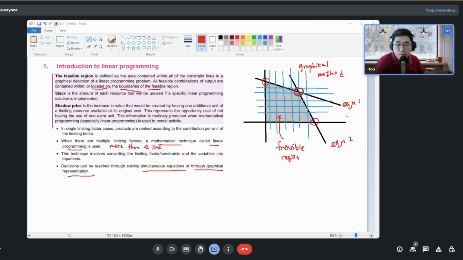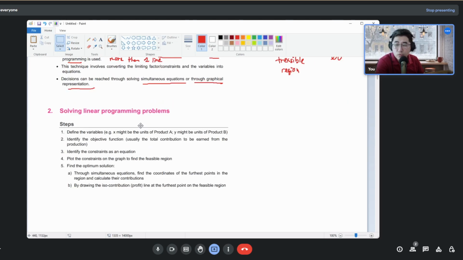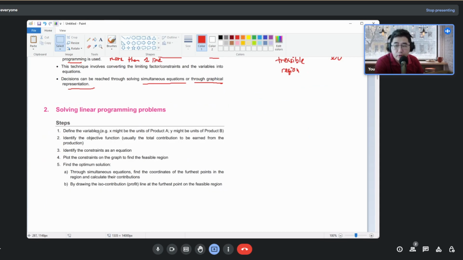Then, you are required to know how to solve. There are some steps here. Define the variables, usually x and y. So variable x and variable y, maybe the units of product A and product B. Identify the objective function, usually the total contribution to be earned from the production.